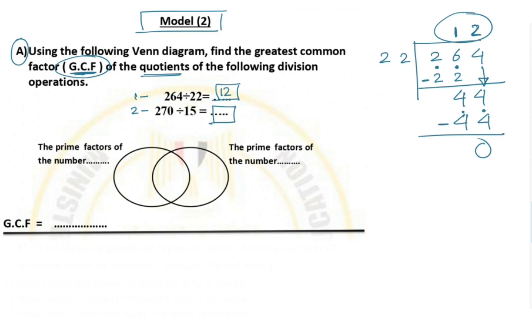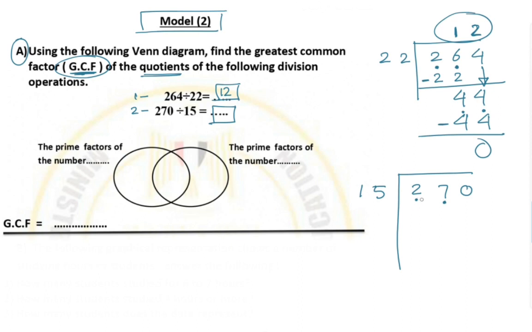Okay, I need to do the same idea to solve the next division operation. Long division of 270 divided by 15. Start with 2. 2 divided by 15? No way. Take with you 7.